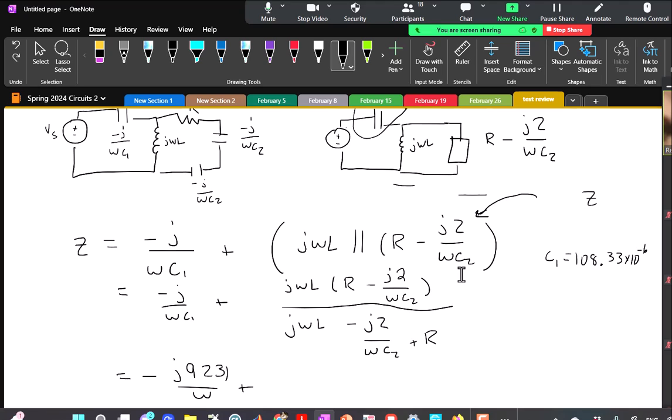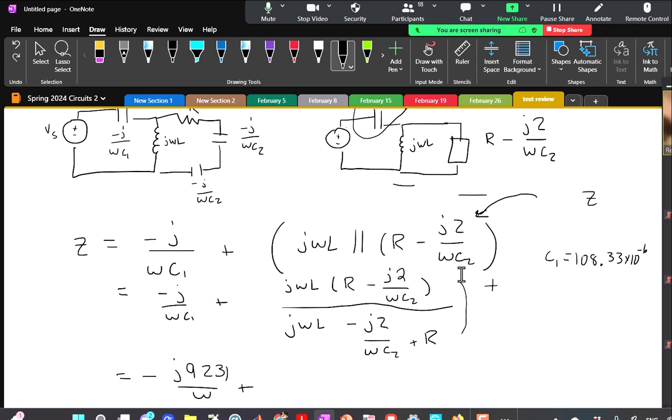when I multiply this out, I get, so j omega L times 2, so just this part is minus, okay, so j times minus j is minus j squared, which is plus 1.